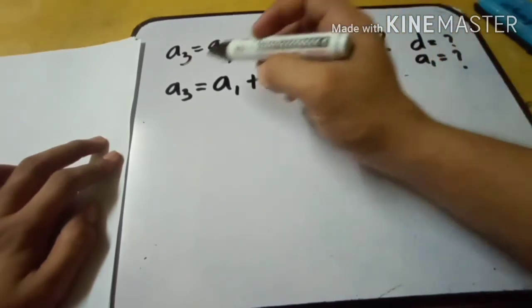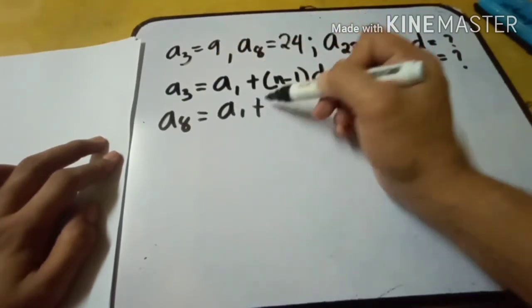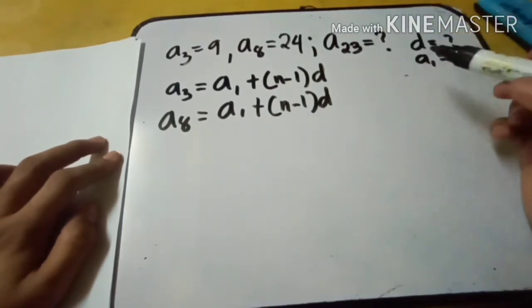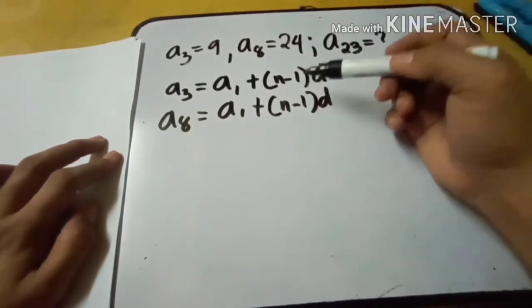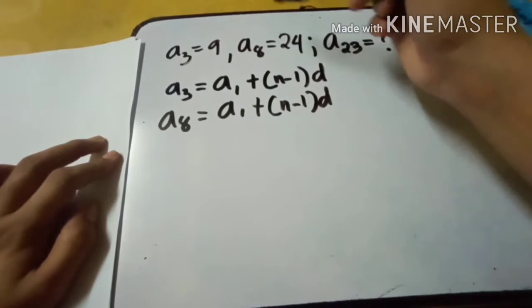Same with a sub 8. So we have here a sub 8, the general formula, a sub 1 plus the quantity of n minus 1 times d.